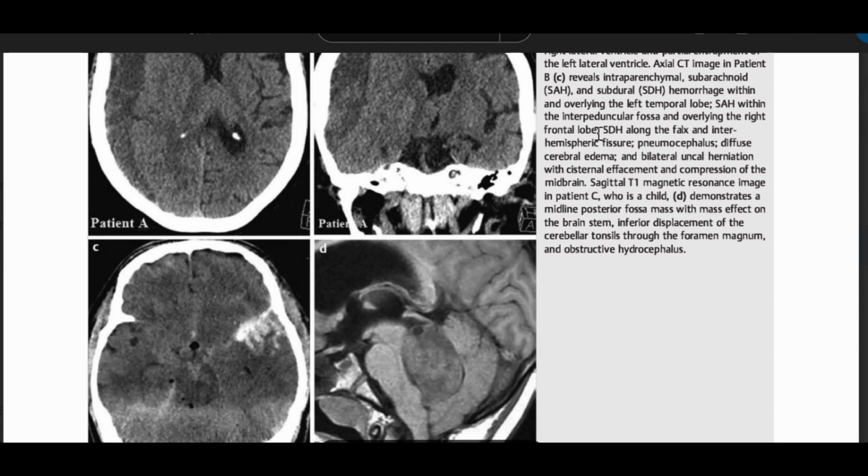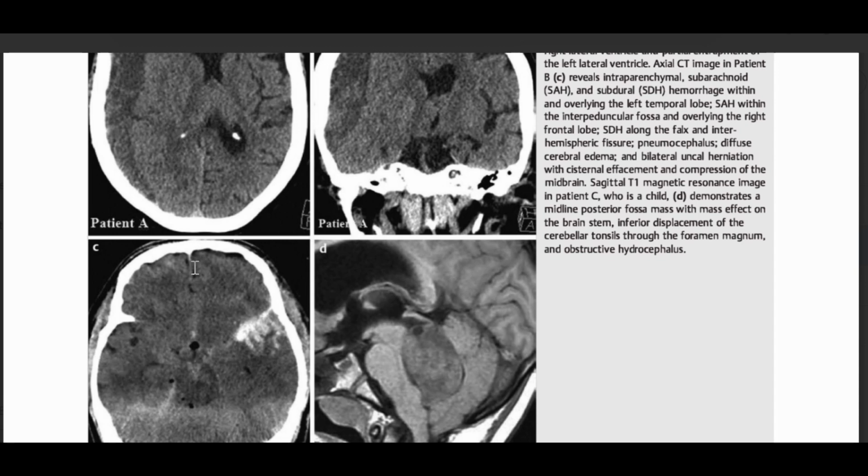Also, there is subdural hemorrhage along the falx and the interhemispheric fissure. This is the falx cerebri and the interhemispheric fissure. When blood is seen here, this is considered subdural hemorrhage. Why?